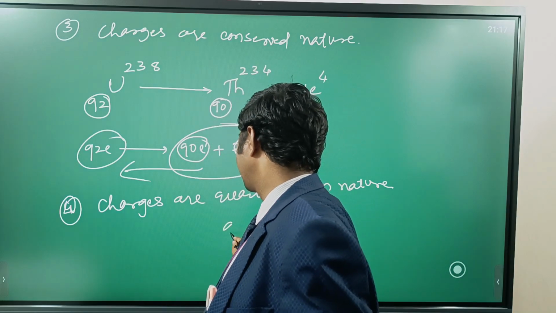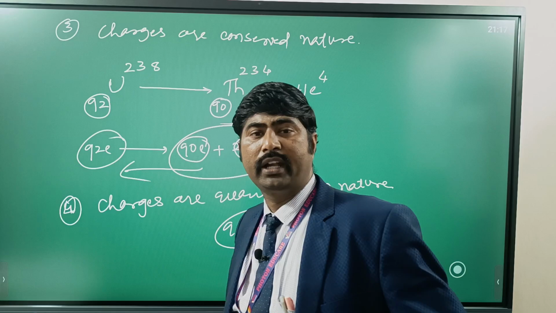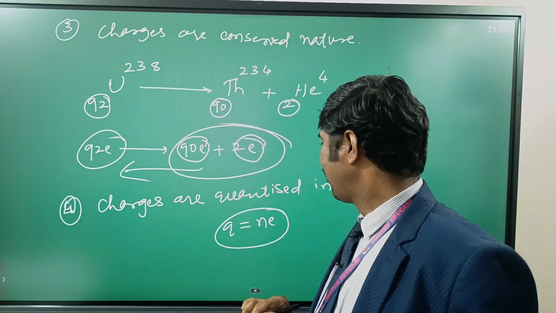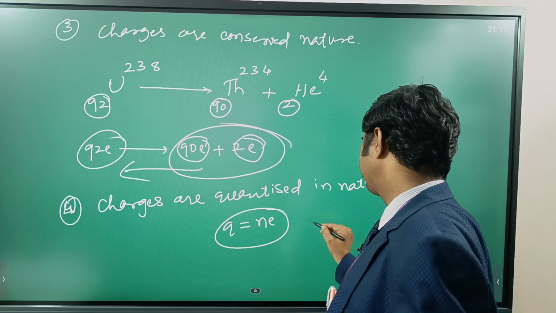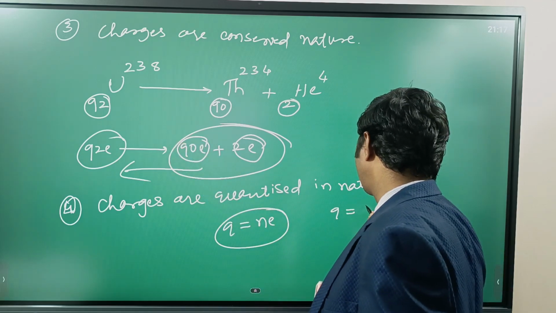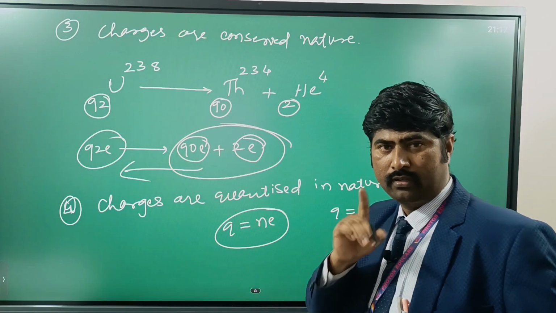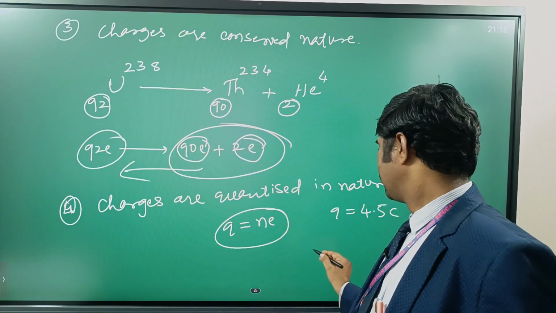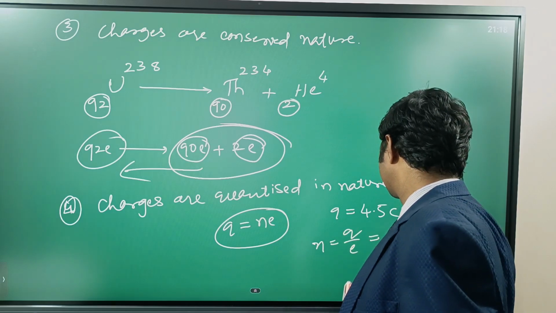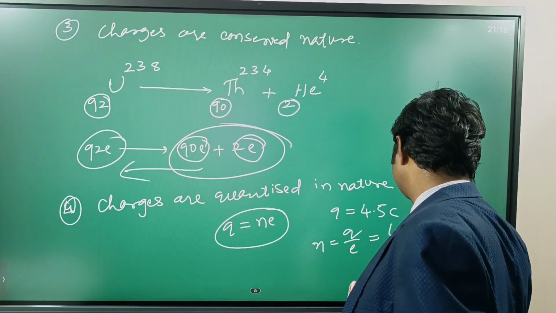As we have written, Q is equal to N into E. This is the formula for calculating the total charge on a body. For example, take the charge of a body as Q equal to 4.5 coulomb. Let us check it. N is equal to Q divided by E. So this is 4.5 divided by 1.6.